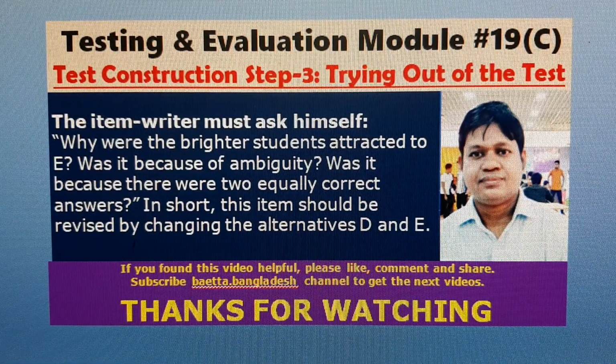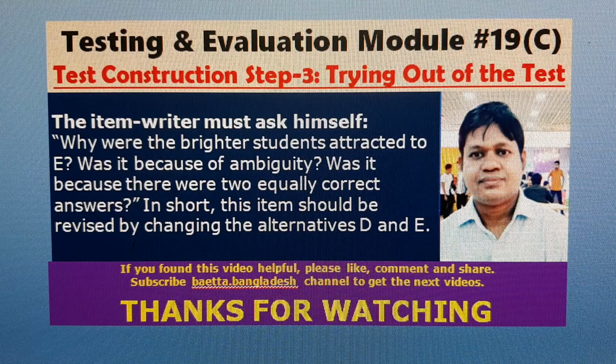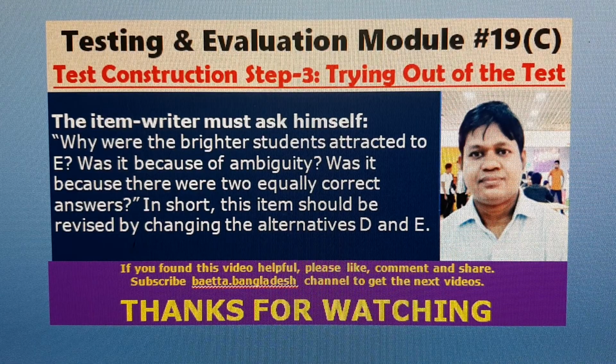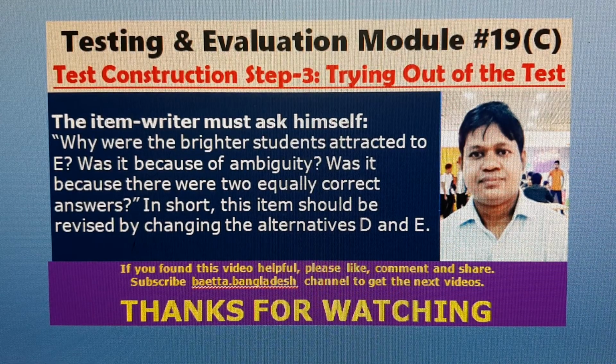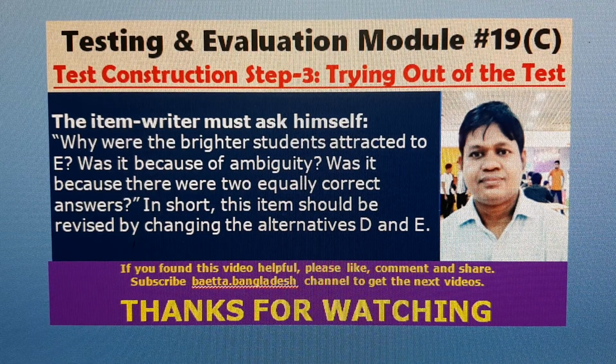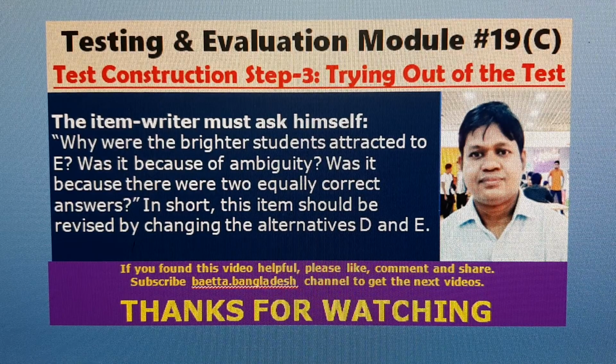In this regard, the item writer must ask himself, why were the brighter students attracted to a particular item only? Was it because of ambiguity? Was it because there were two equal correct answers? In short, this item should be revised by changing the alternatives.